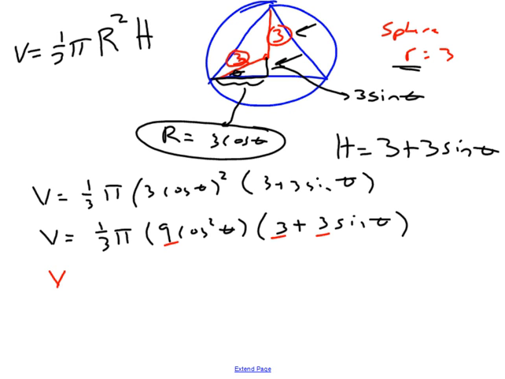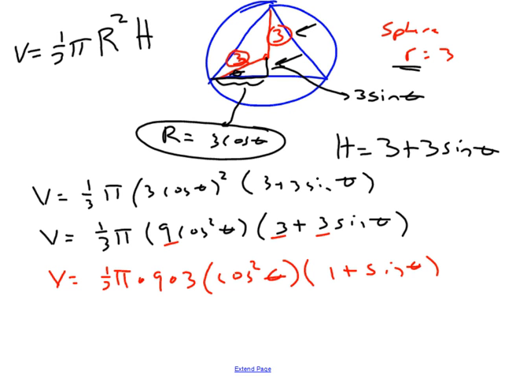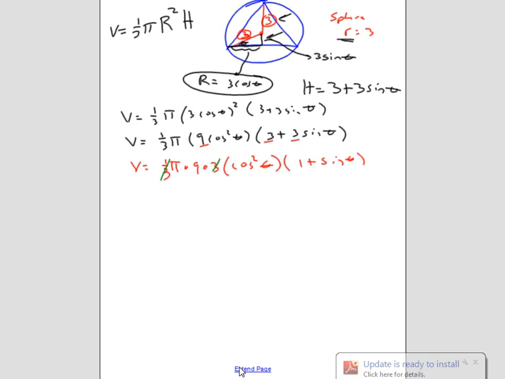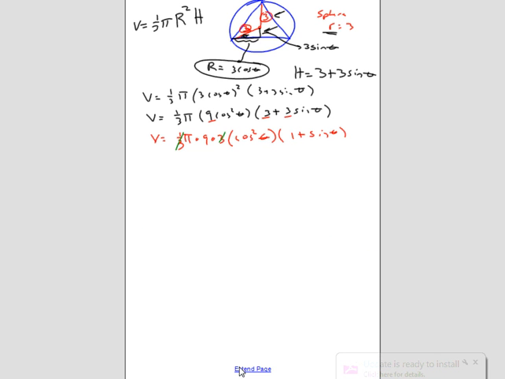So when we do that, we have 1/3 pi times 9 times 3 times cos squared theta times 1 plus sine theta. Well, here the 3's are going to cancel off. And going down into our simplifying land, we get that our volume equals 9 pi.